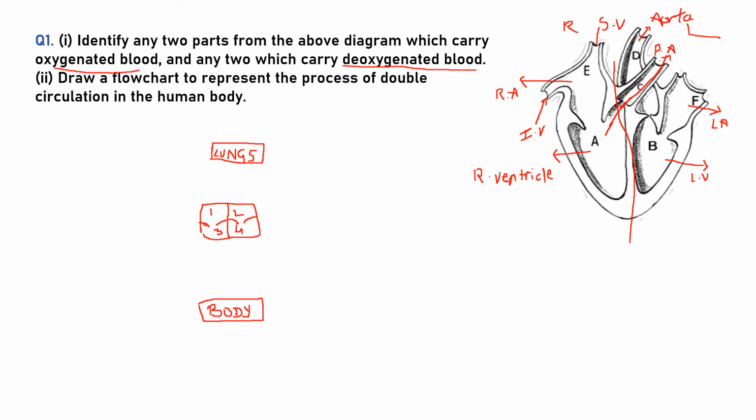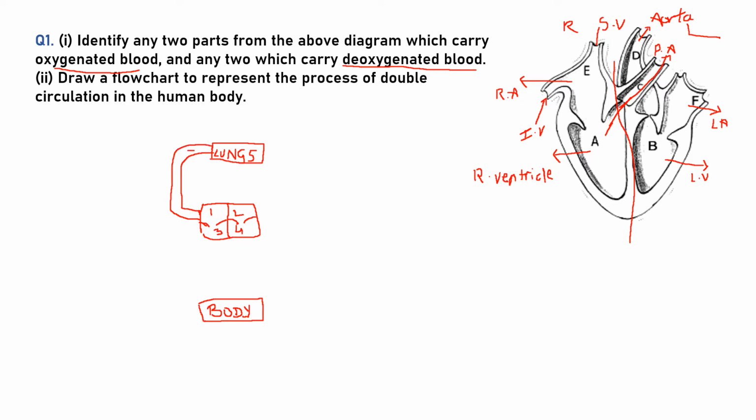Now let's see how blood flows. Let's see how the blood flows from the right side of the heart. As I told you, the right side of the heart has deoxygenated blood. So from my right atrium, blood will go to the lungs because this is deoxygenated blood. The blood will go to the lungs to get oxygenated.